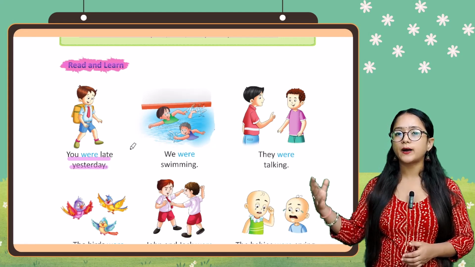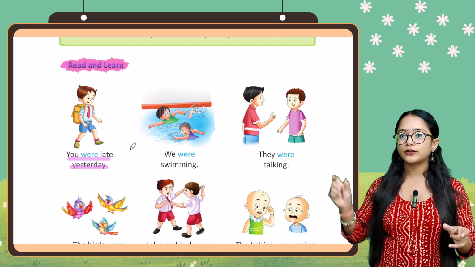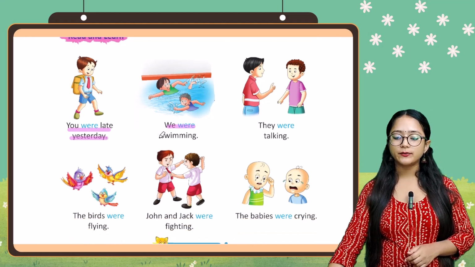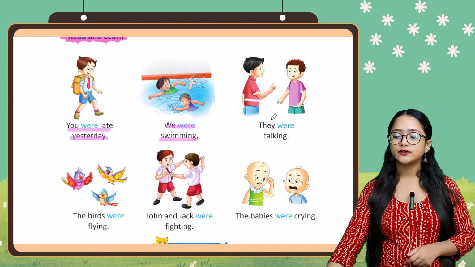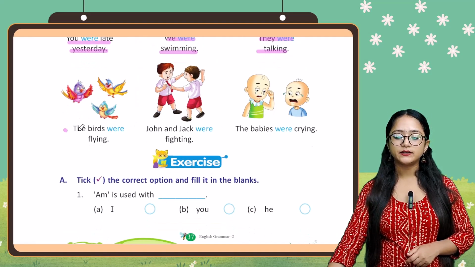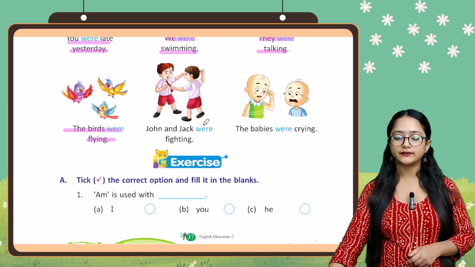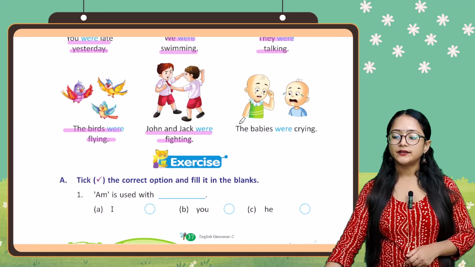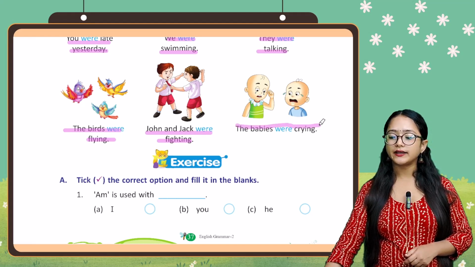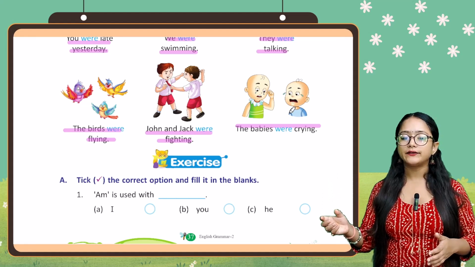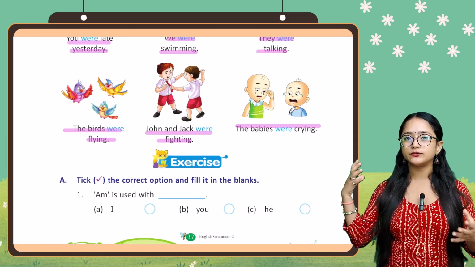It is talking about the past one, and with you you're gonna use were. Next one, we were swimming. Next, they were talking. Next example, the birds were flying. John and Jack were fighting. The babies were crying. So you can clearly see that with the plural one and with the words like you, we, they, you're gonna use were.